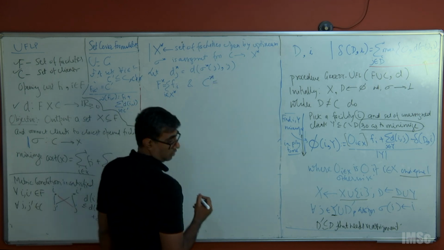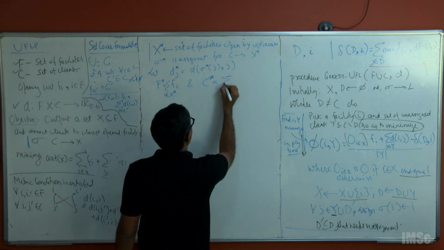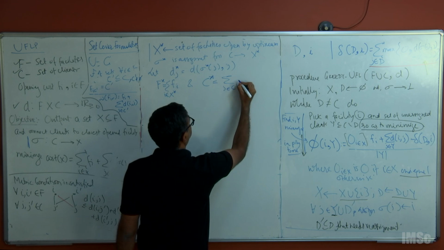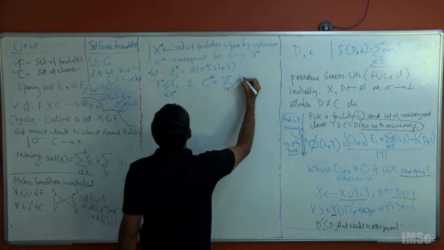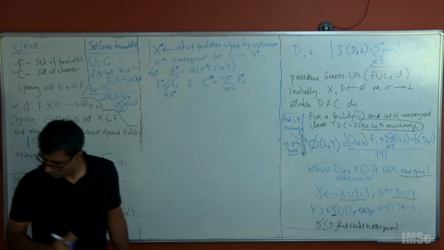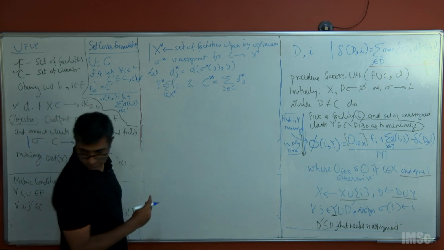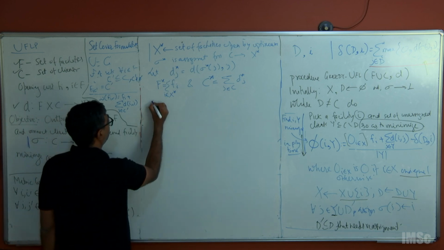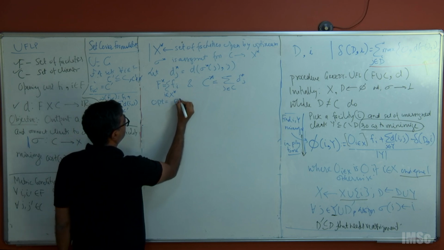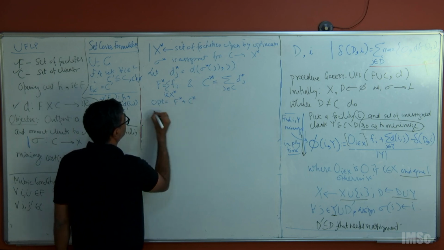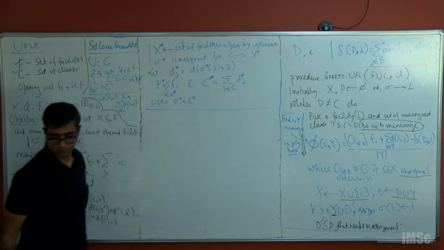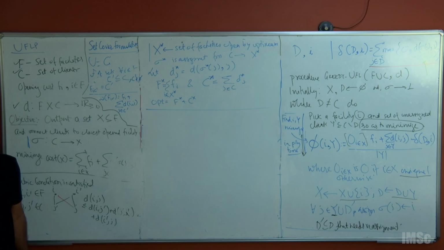The connection cost is the summation over j in C of dj star. Is that fine? So do you agree, opt equals f star plus c star? So this is with respect to opt.